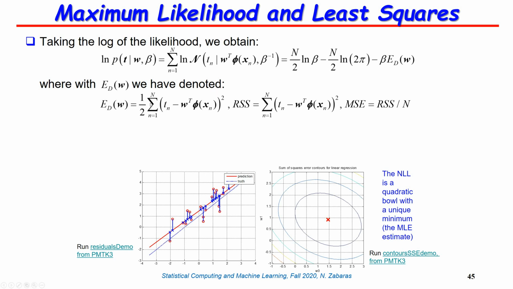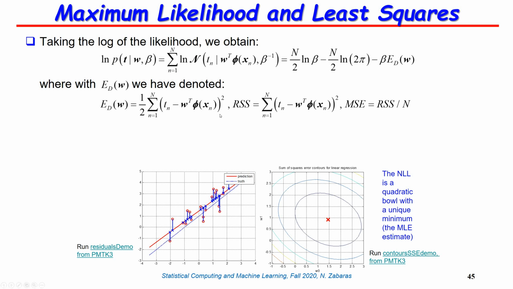Minimizing this will give us a least squares estimate for W, and maximizing this minus term will give us the same estimate for W. This is what is called the residual sum of squares. When you divide this by n, you get the mean square error.